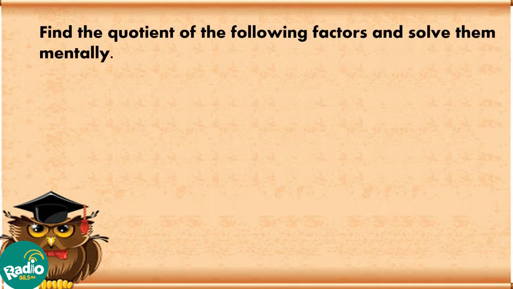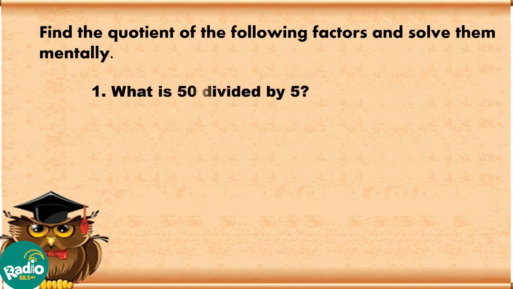First, let us have a drill. I want you to find the quotient of the following factors and solve them mentally. Are your papers and ballpens ready? All right, let's start our activity. Number 1. What is 50 divided by 5?